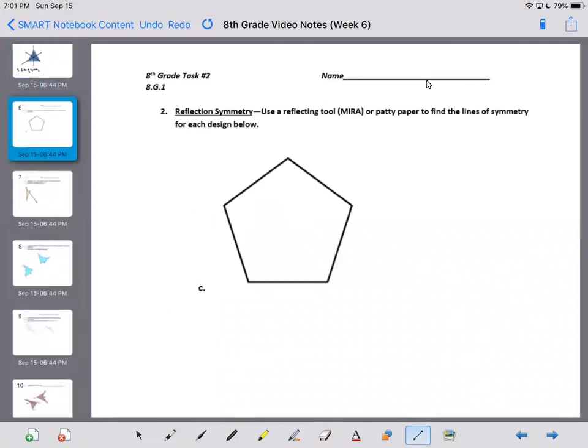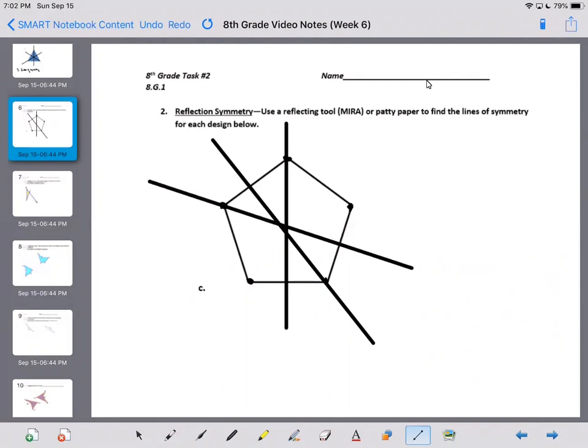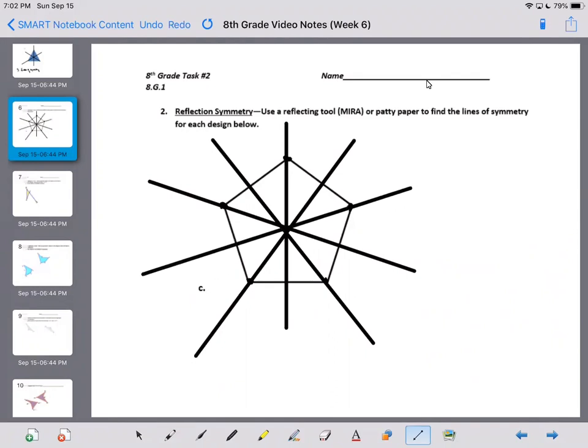Now that was a triangle. So notice here, we've got 1, 2, 3, 4, 5. So we can draw a line here and create the symmetry. We can draw the line here. So we have 1, 2, 3, 4, 5 vertices and 5 lines of symmetry.